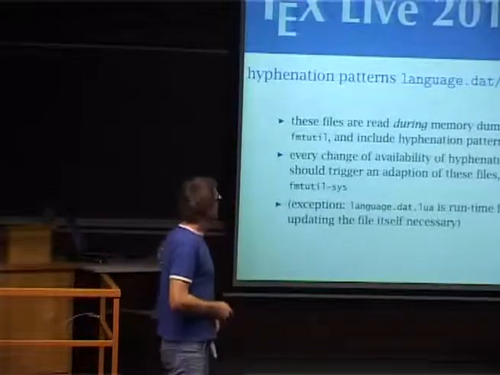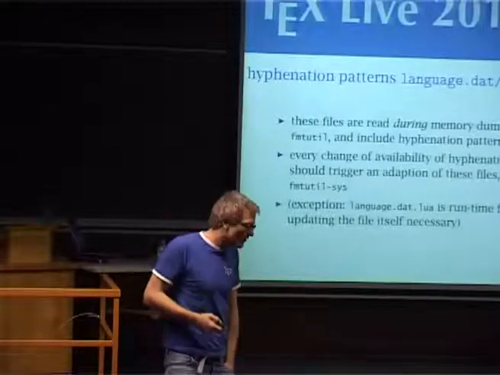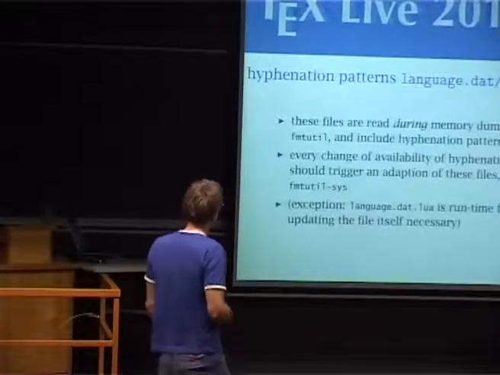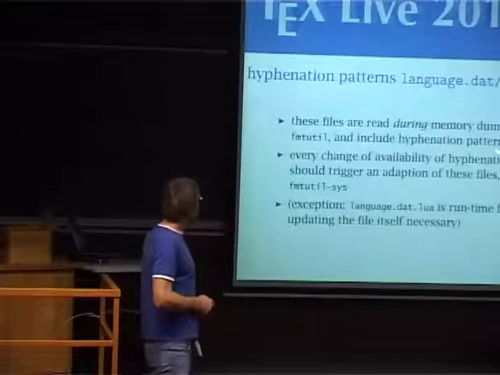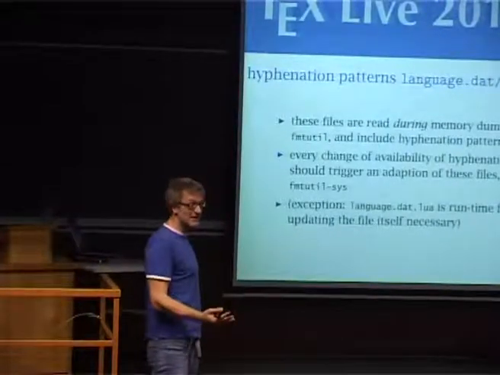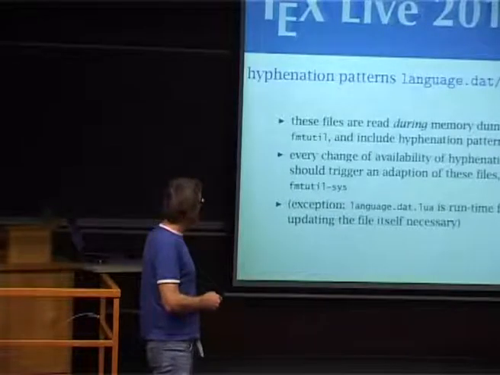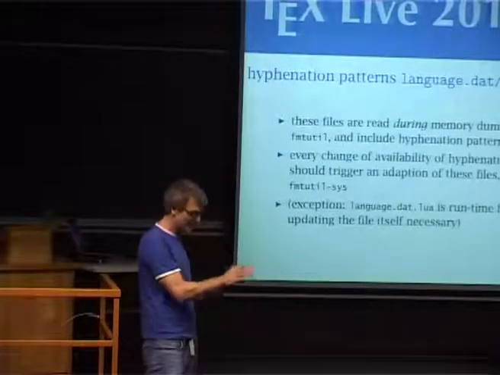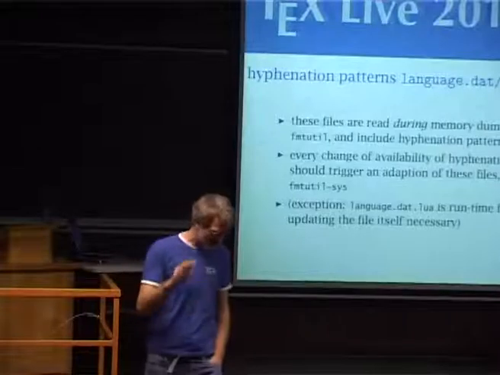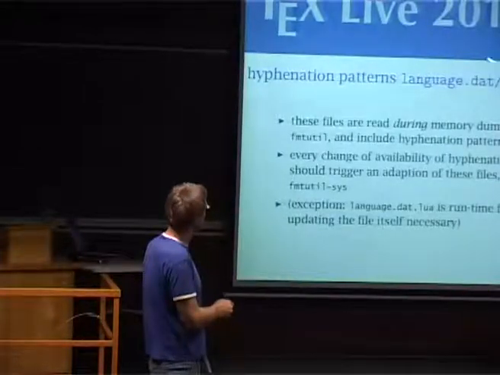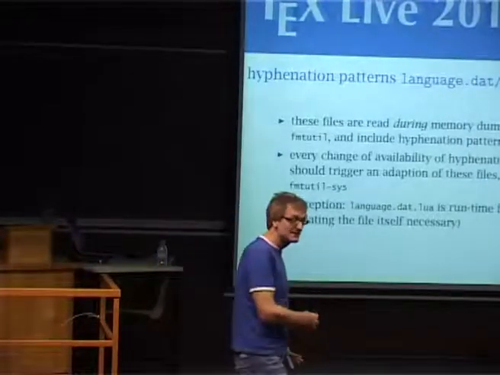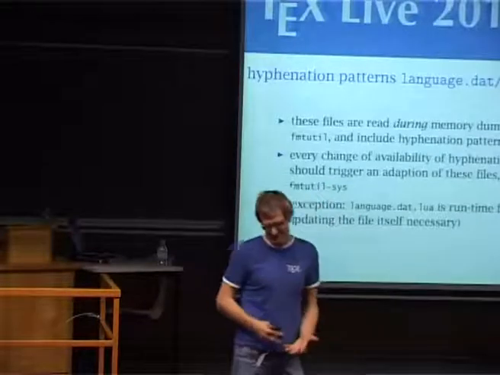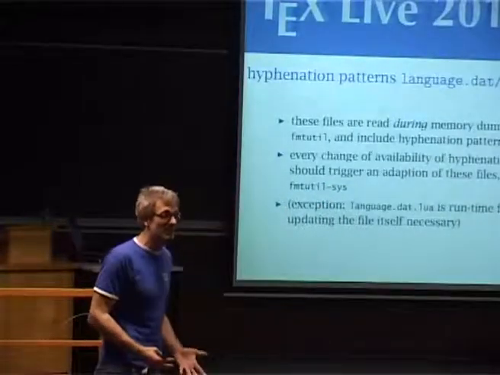Back in the 80s, not everything could be read as easily as nowadays, but that's transition in progress. So changes to hyphenation, and language.dat, language.def, and language.dat.lua, they define for different engines: this is for the LaTeX based, this is for the eTeX based, and this is for LuaTeX based. And again, if something changes in the hyphenation, please remember you have to rebuild the formats.